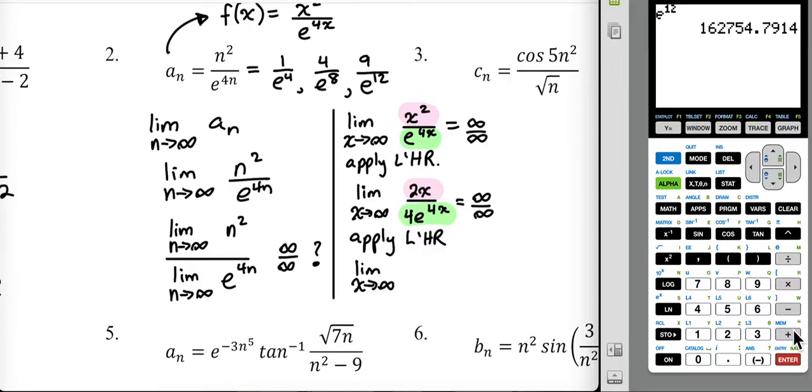So here, the derivative of 2x is going to give me a 2, and I'm going to have 16e to the 4x on the bottom. That's going to give me 2 over infinity, which goes to 0.